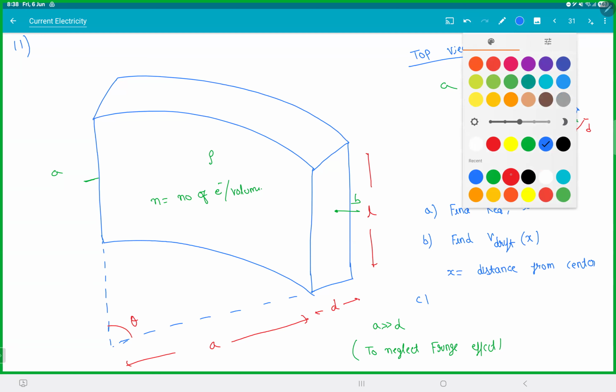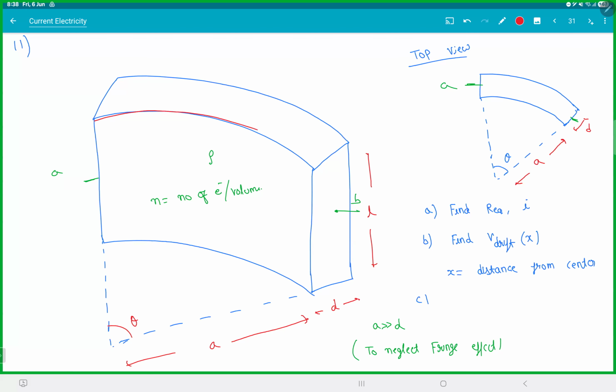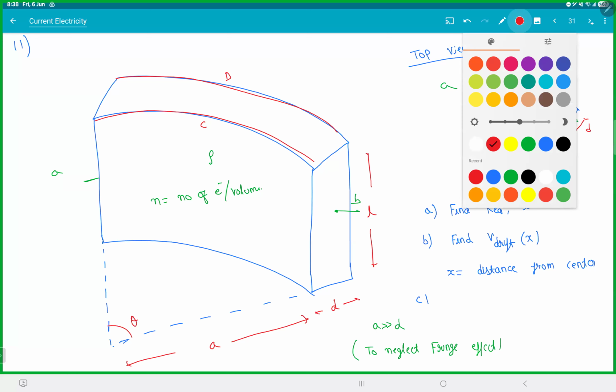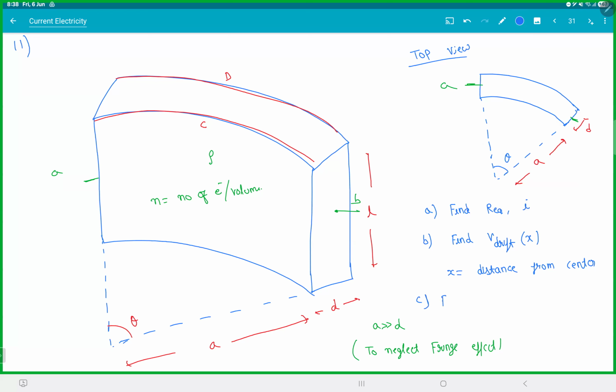Then something also happens here. If you look at the inner circumference and the outer circumference, if you take them as C and D, you actually get a potential difference. Find VC minus VD. This is called transverse voltage. We will talk about that, see why you get it.